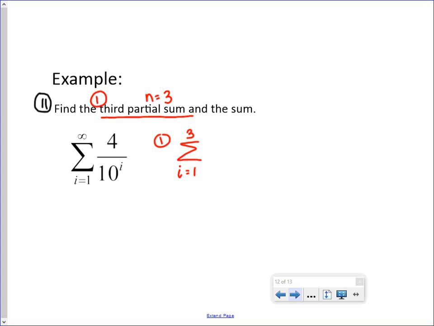I'm finding a partial sum. It's going to stop. And that would be for 4 over 10 to the I. So I want to add 4 over 10 to the first, plus 4 over 10 squared, plus 4 over 10 cubed, plus 4 over 10 to the 4th.